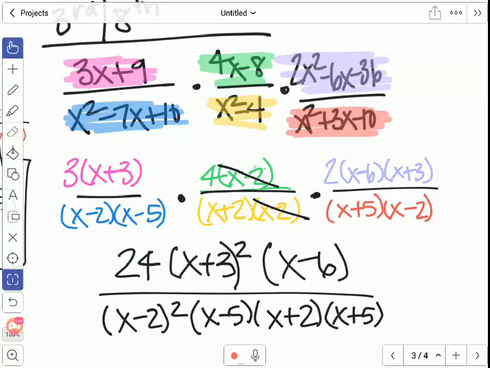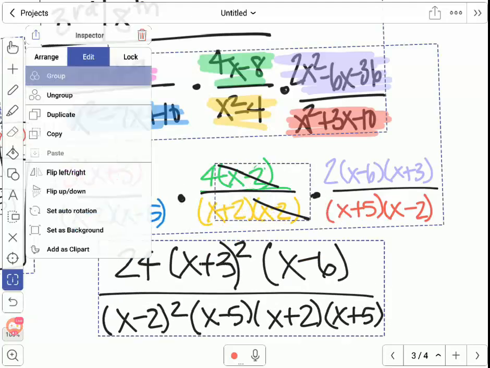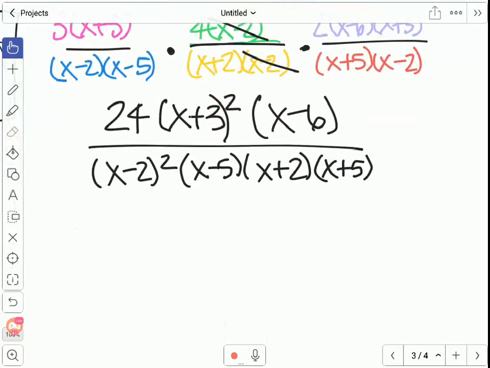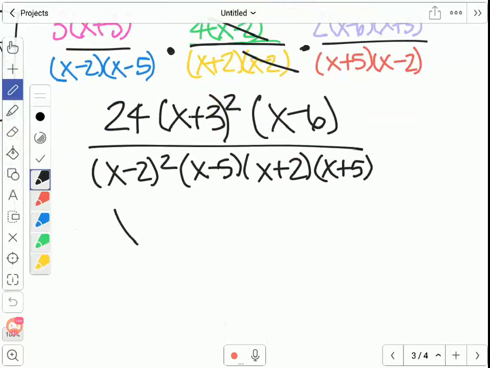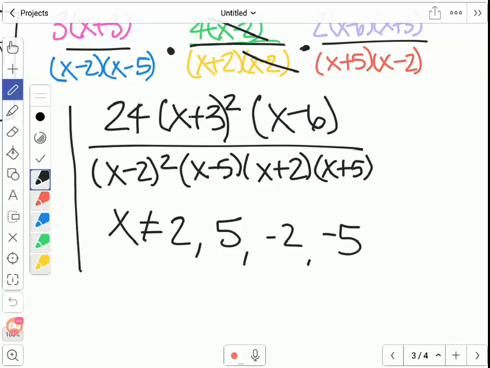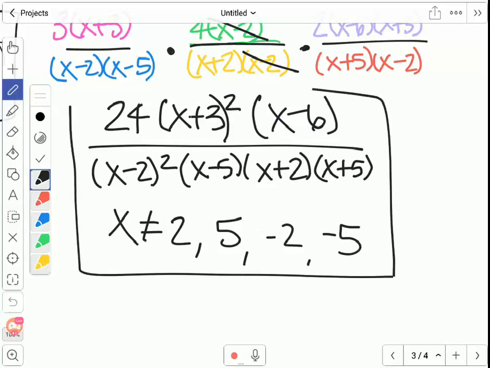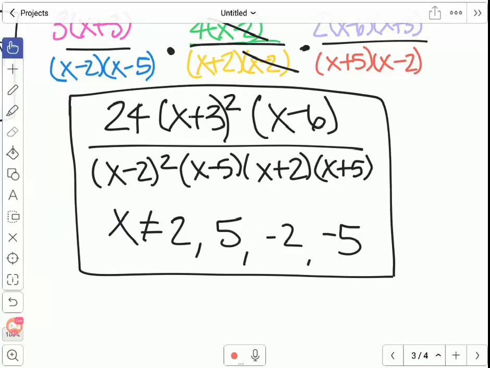And I get some excluded values here. I have several of those. x cannot be positive 2, positive 5, negative 2, and negative 5. So that would be my answer to problem 6. That's what problem I was on.